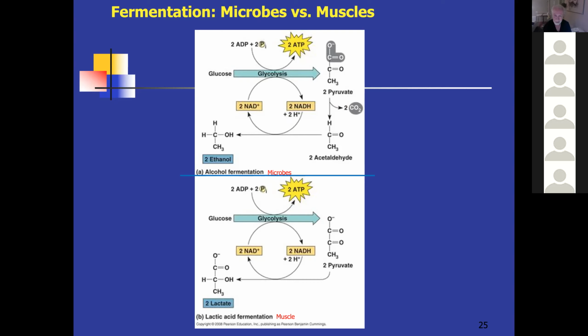Right, so you add yeast. The conditions are anaerobic in your bread dough, and so it makes carbon dioxide. It also makes ethanol. What happens to it? Where do you bake the bread?